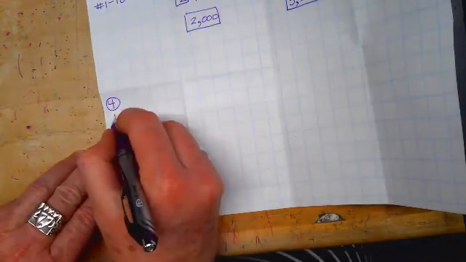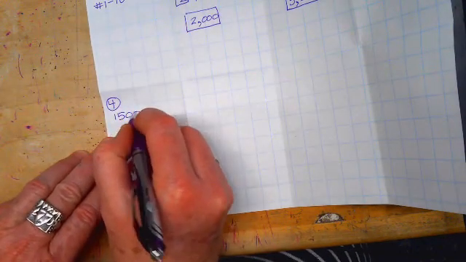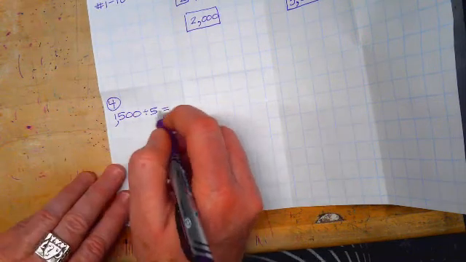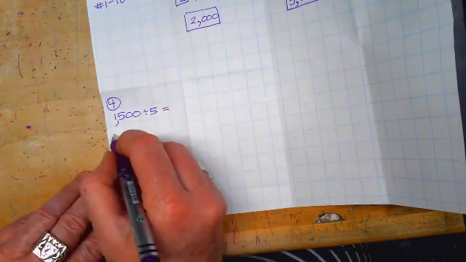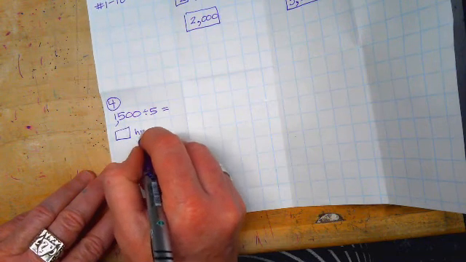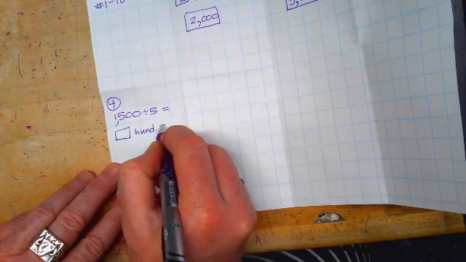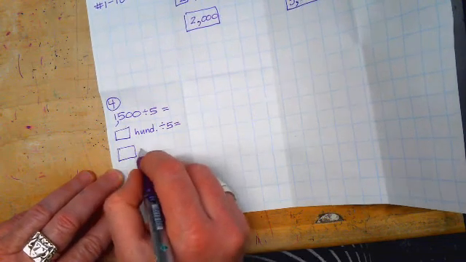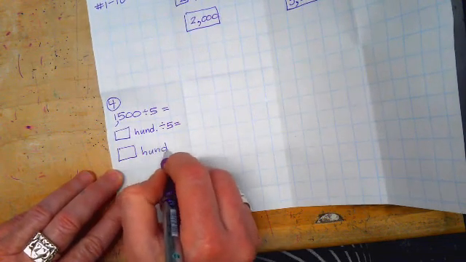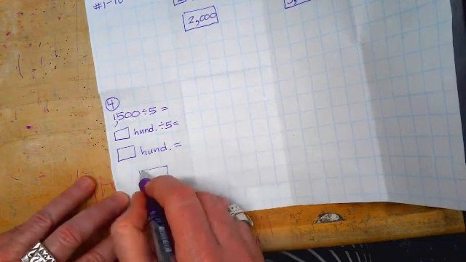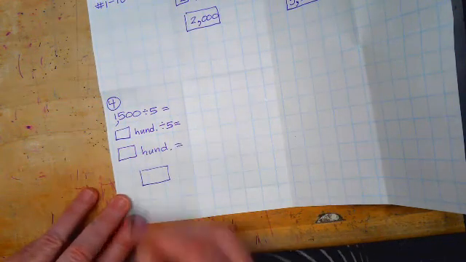Number 4, they're doing the exact same thing. They're saying 1,500 divided by 5 equals, and they're going to call that green box hundreds divided by 5, and that equals green box hundreds, and that equals big green box.